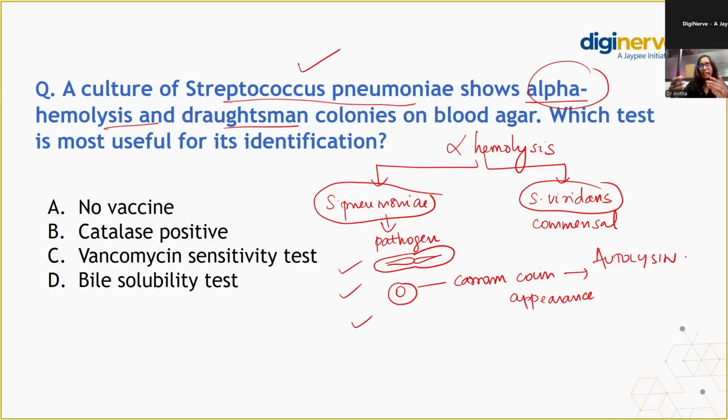Next, another biochemical test which helps in differentiating Streptococcus pneumoniae and Streptococcus viridans is the bile solubility test. Streptococcus pneumoniae will be bile soluble. This is again due to the presence of autolysin, which is nothing but an amidase enzyme.